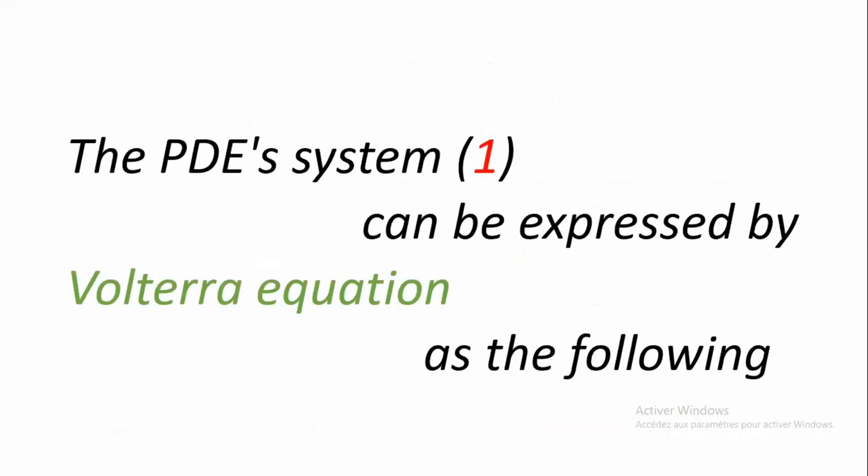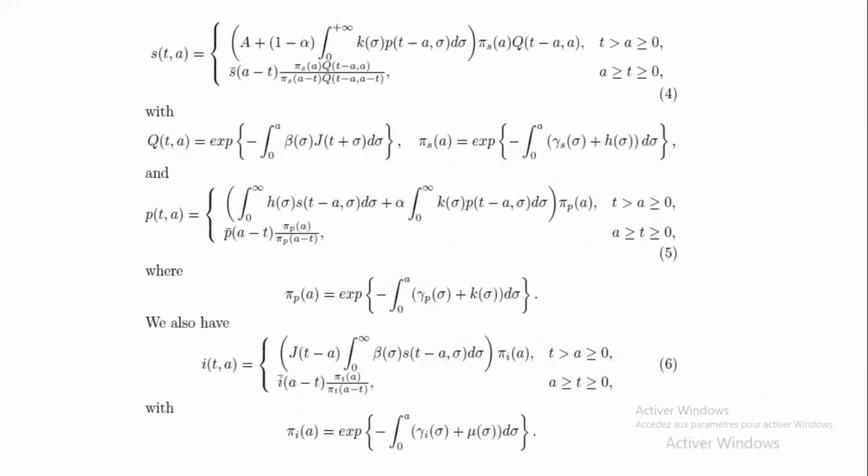Firstly, we used the fixed point theorem to prove the existence and uniqueness of the solution. Now, the PDEs of system 1 can be expressed by a Volterra equation as follows, using the characteristic method.